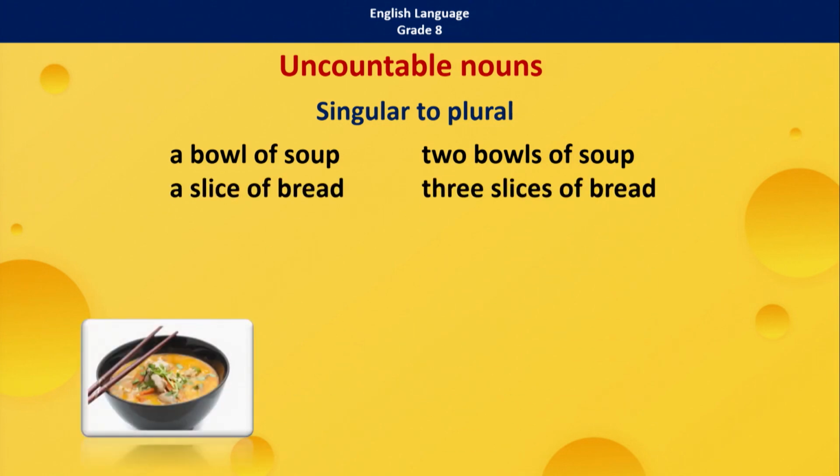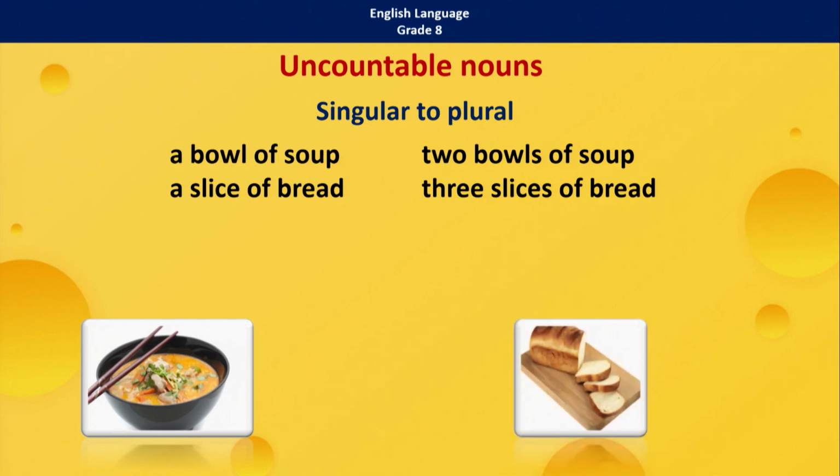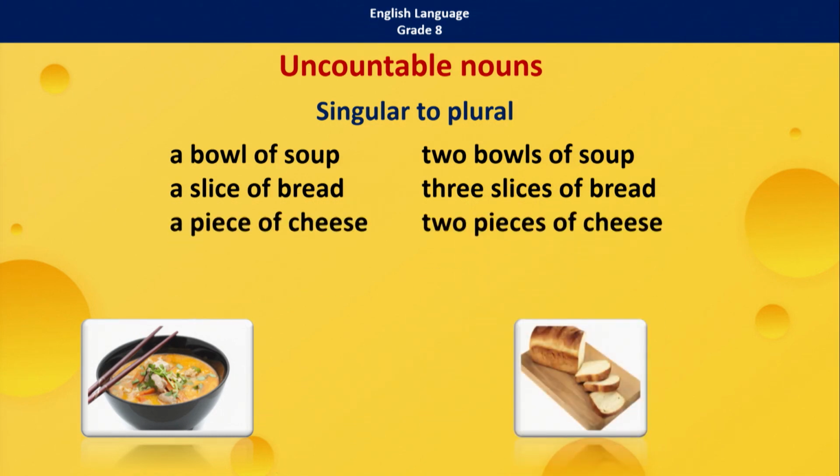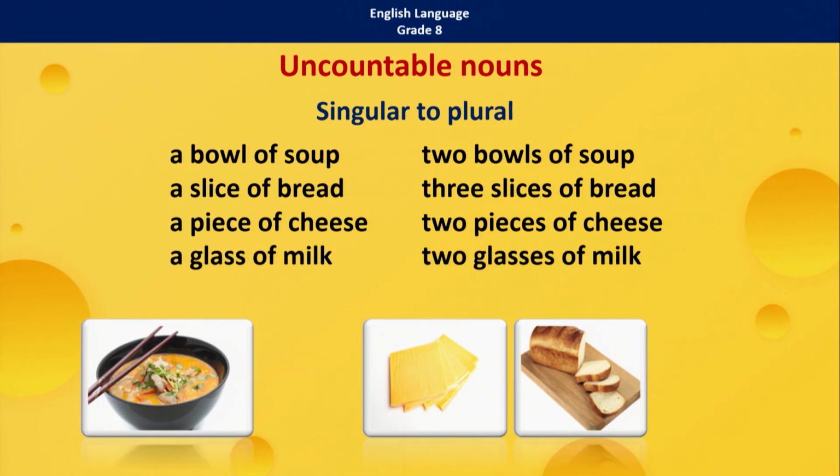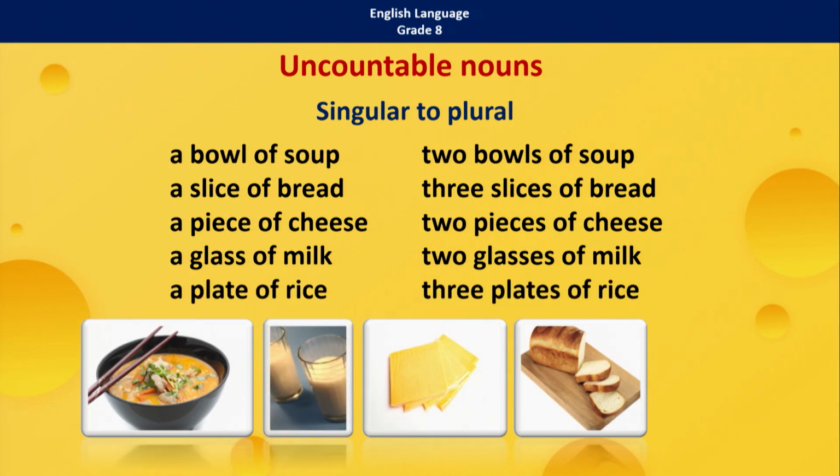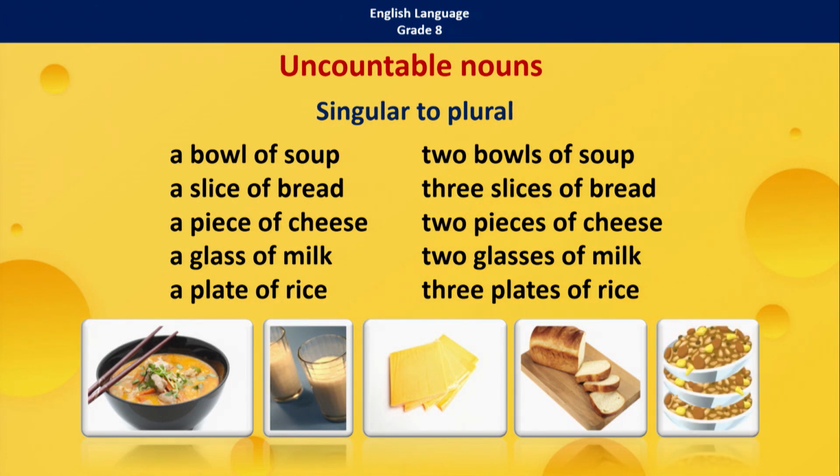A slice of bread, 3 slices of bread. A piece of cheese, 2 pieces of cheese, or any number you can use, 2 pieces or 3 pieces, like that. A glass of milk, 2 glasses of milk. A plate of rice, 3 plates of rice.